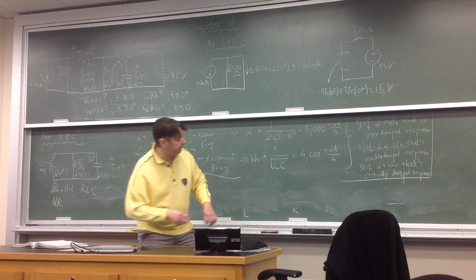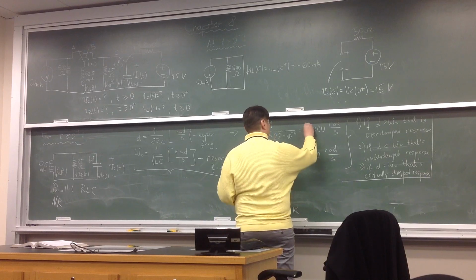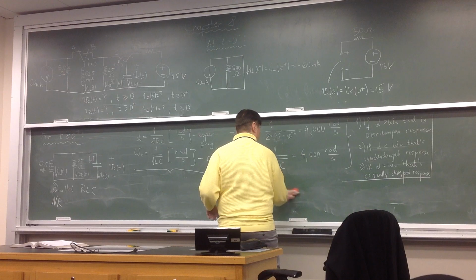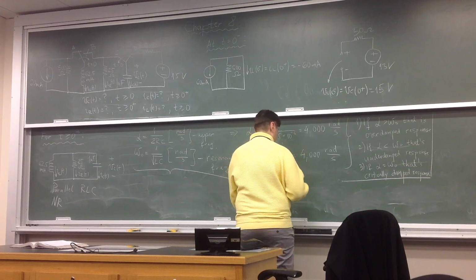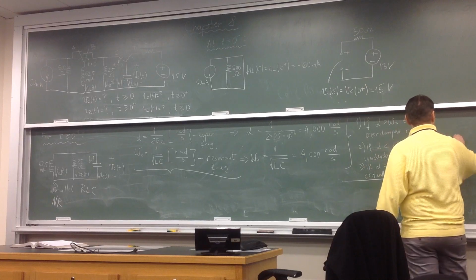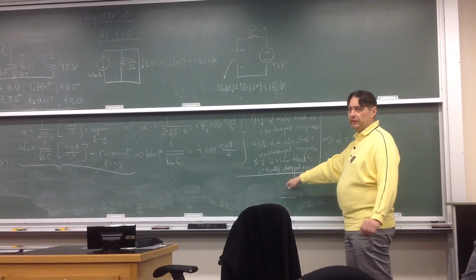Yep, 4,000. And omega 0 is 4,000 as well. So now you have them equal, which means that alpha is equal to omega 0. You pick the third case, the critically damped case.